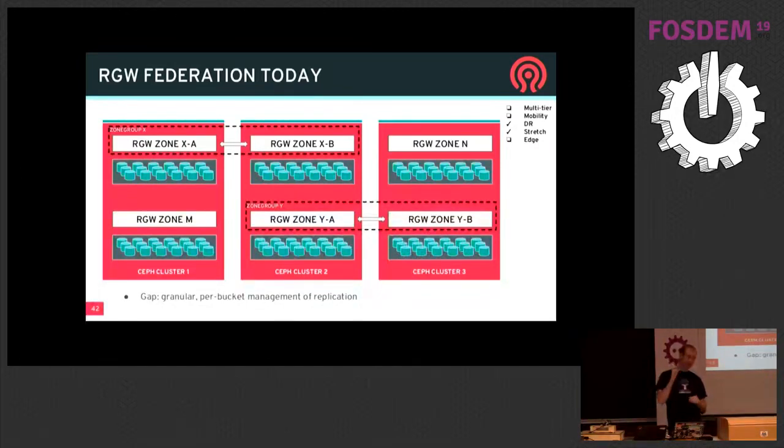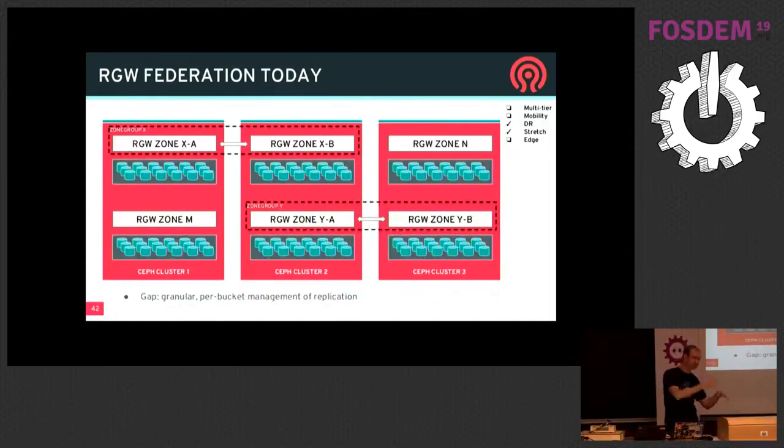And I guess the key limitation with this architecture today is that the initial set of use cases that we built this for were for operators who are operating clusters and dealing with disaster recovery use cases. So the granularity of replication in RGW today is on a per zone basis. So you say this entire cluster of buckets is going to be replicated to an entire other cluster of buckets.